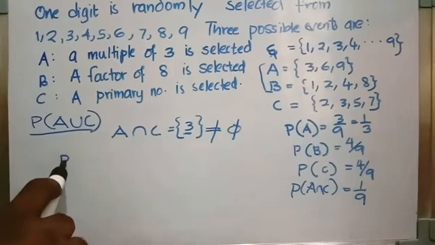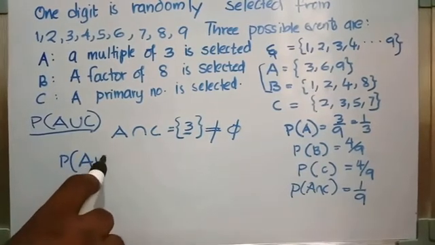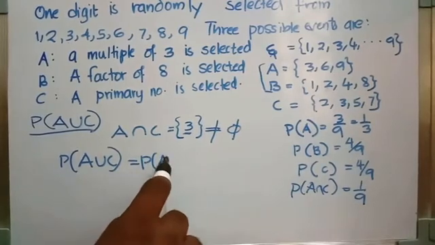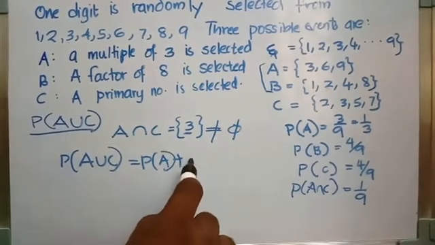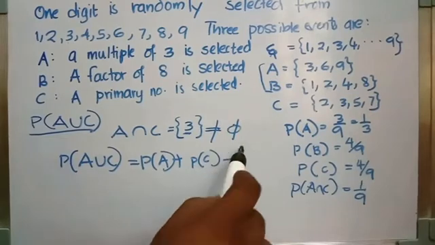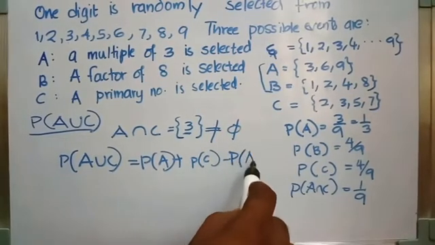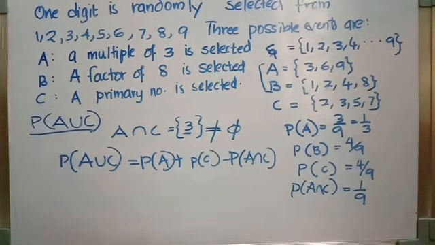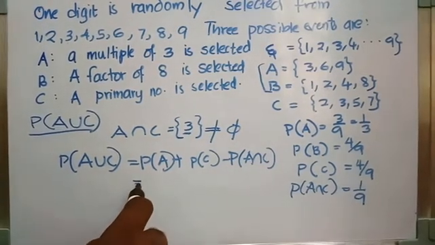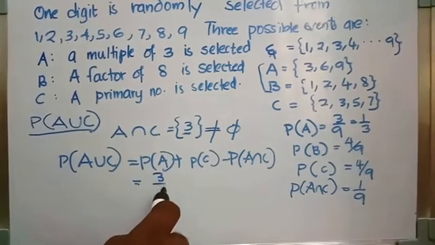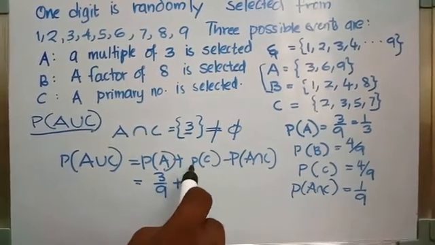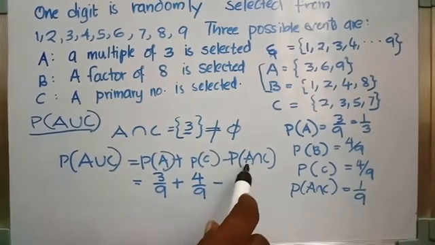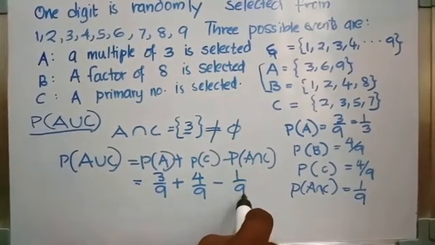So we can write probability of A union C as P of A plus P of C minus P of A intersection C. That's equal to 3 over 9 plus 4 by 9 minus 1 by 9.